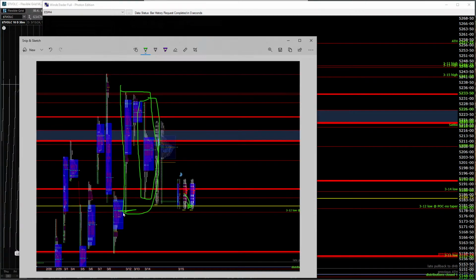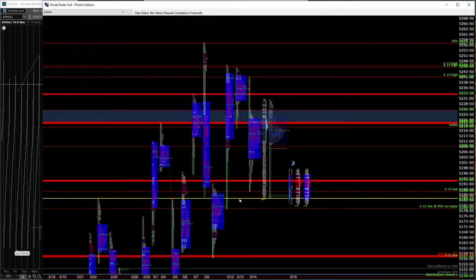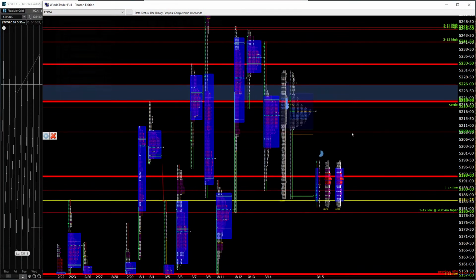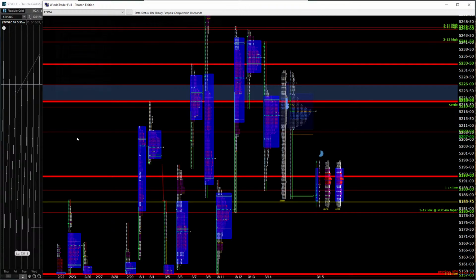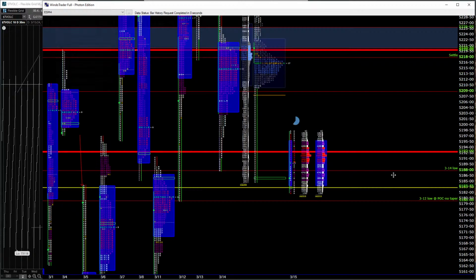Next thing is this. What can happen here? We can have downside acceleration here, or the market can be bought from this area. I think this is a critical level here. I have too many references here.